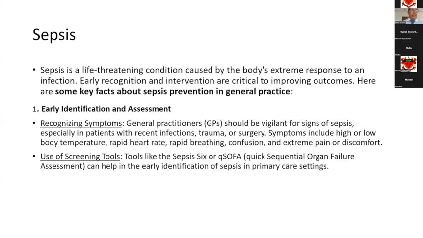Recognizing symptoms is the key in diagnosing and management. With recent infections, trauma, surgery, whatever the condition is, if they have symptoms of high body temperature, increased heart rate, rapid breathing, it warrants sending them to the next level of care.